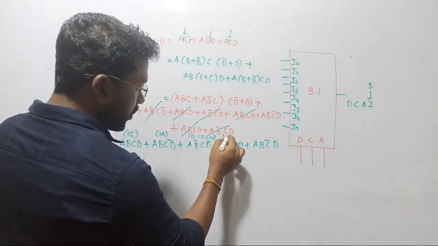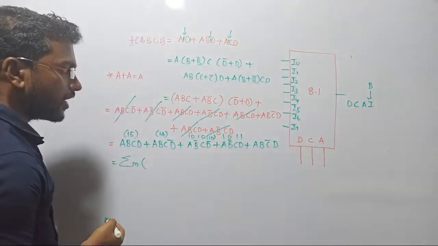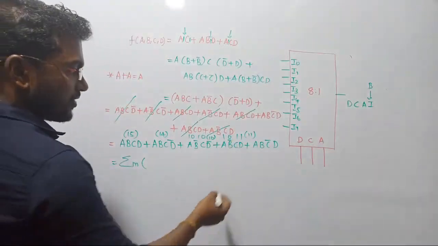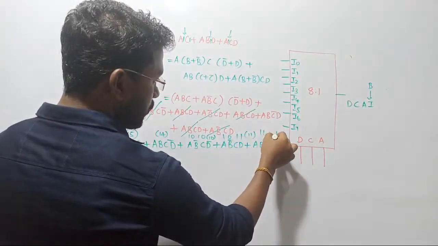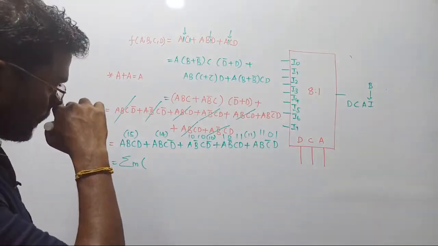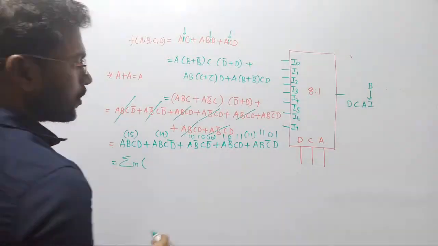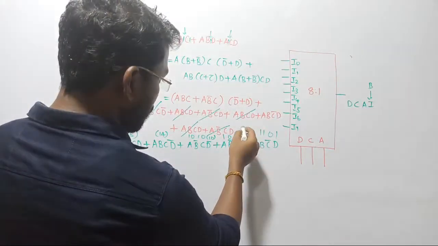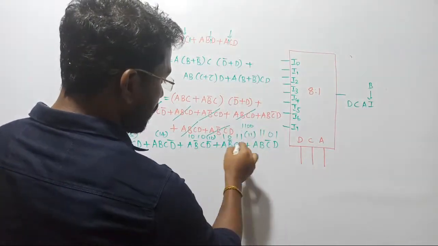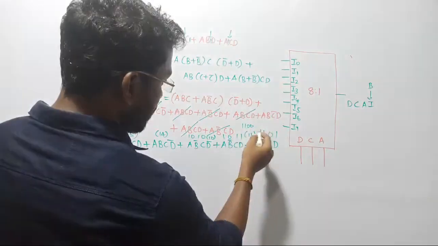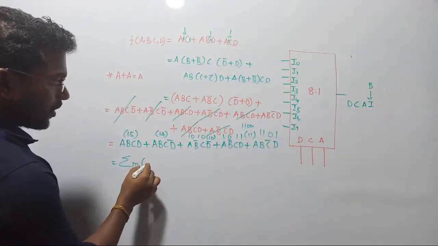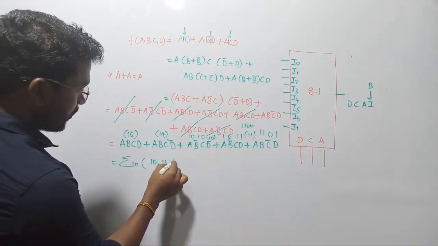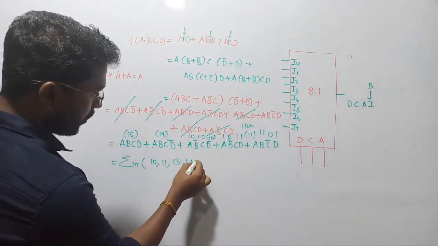And this is going to be 1011. That is 11, right? So that is equal to 11. Next, here we are going to get 1101, right? Am I correct? Yeah. 1100, that is 12, and then 1101, that is 13, right? So totally the variables are, we are getting 10, 11, 13, 14, 15.